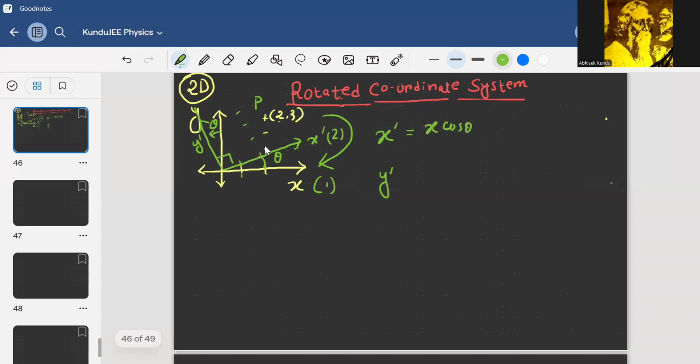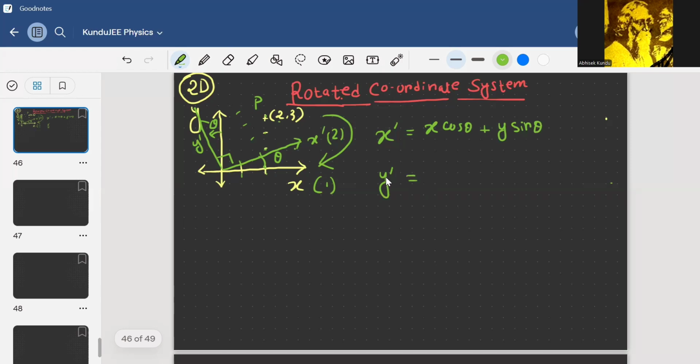At the same time, initial y-axis in the yellow color is also making some angle with the x dash axis. What is that angle? 90 degree minus theta. So I can easily write the projection of the old y axis on x dash axis is going to be y into cos of 90 degree minus theta. So you can write y sin theta.